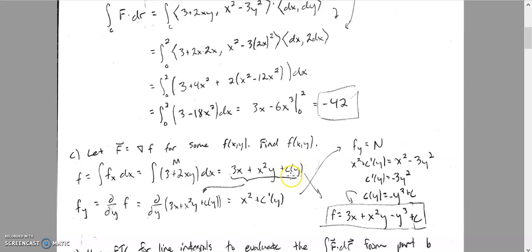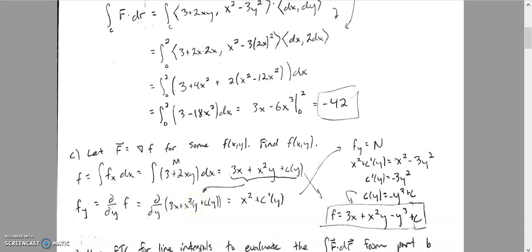From there, I know that n, this piece right here, should be f sub y. So f sub y is partial y of f, which is partial y of this thing. So I take that thing and I derive it with respect to y. That's what I'm doing right here. The 3x goes away because there's no y's in it.